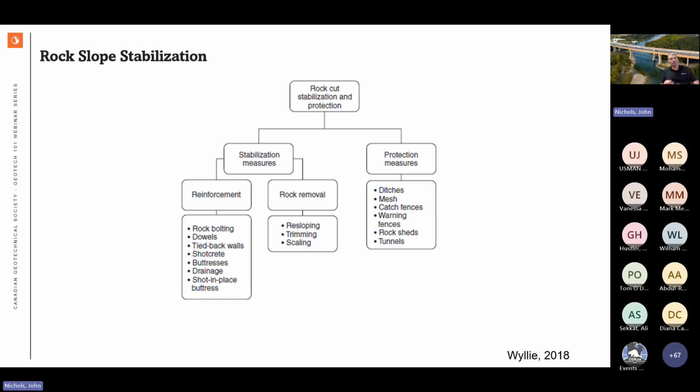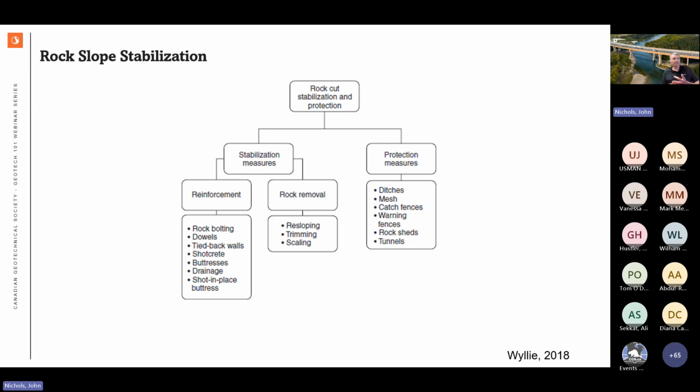The other approach, which is very, very common, is protection. And this would be like ditches. Most highways would have ditches above rock cuts, and those ditches are specifically designed for the height and the slope, and they should catch most of the rockfall that goes in there. If we don't think that ditch is adequate, we can have meshing over that.